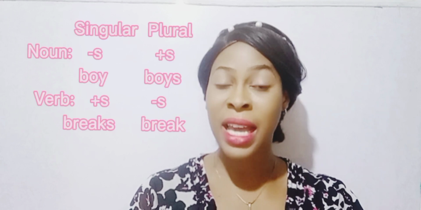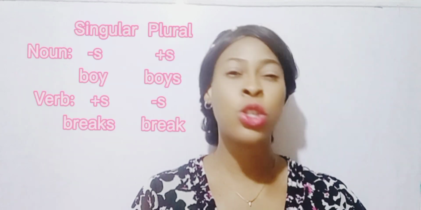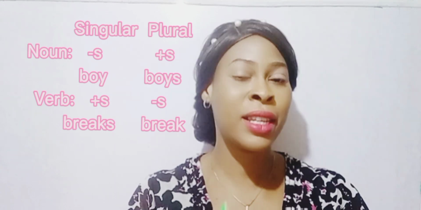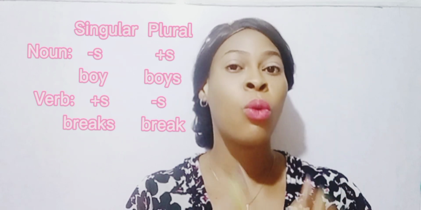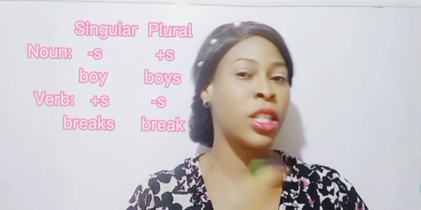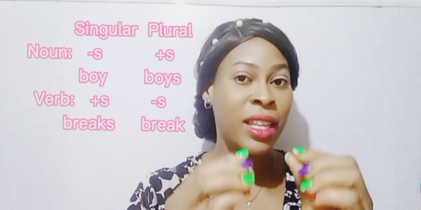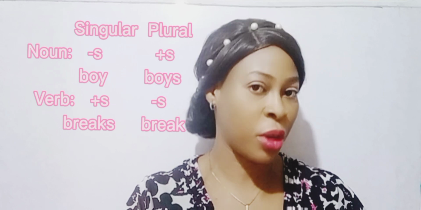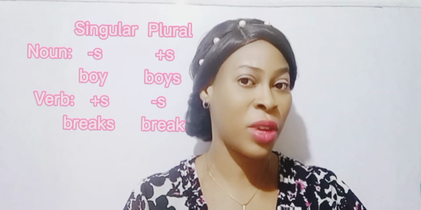So when we have boy, that is one, and then boys, that is two or more. In nouns, the singular has no S, while the plural has S. The plural verbs is usually the opposite of the noun forms. Now we have the singular and the plural verbs. When we have singular verbs, then we have S added to it.